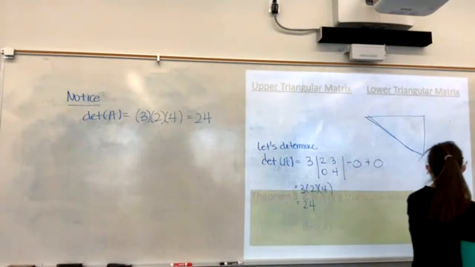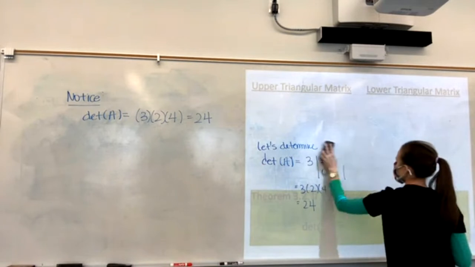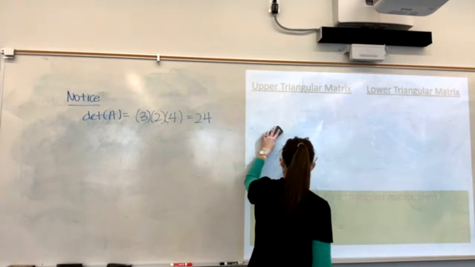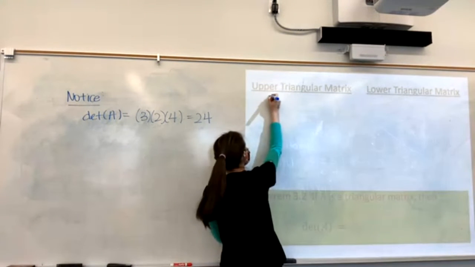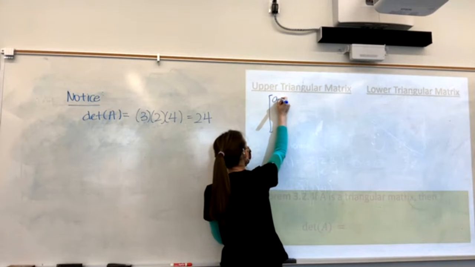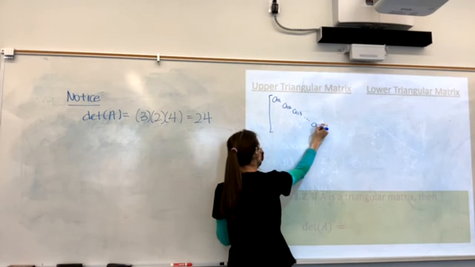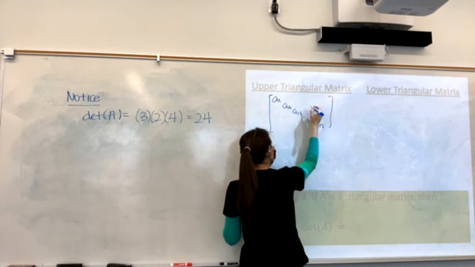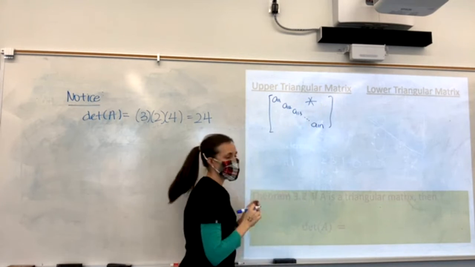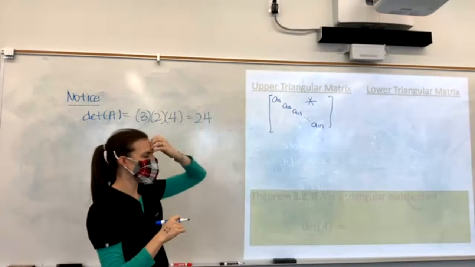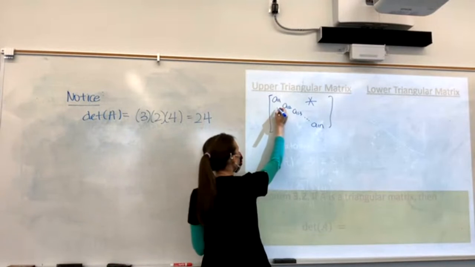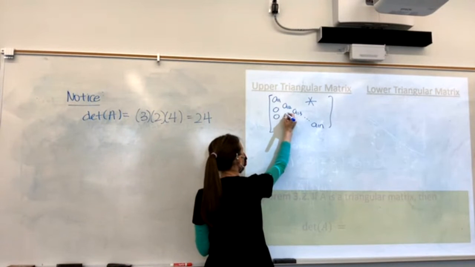So, in an upper triangular matrix, that's like the kind that we just saw, you've got whatever you want down this main diagonal, and whatever in the world can be happening up above that diagonal, but below it, there's nothing but zeros.